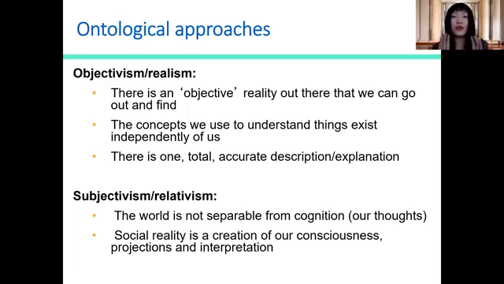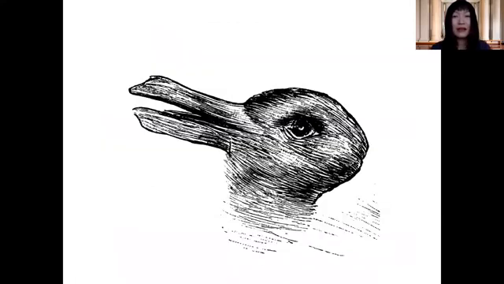So these two are the two common ontologies in the research field. And you can think about whichever one is more about yourself, which type of person you are, or which one you believe in more.